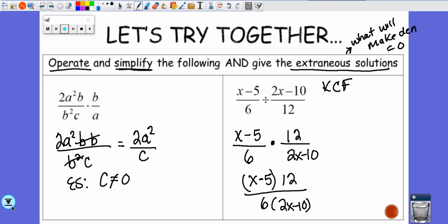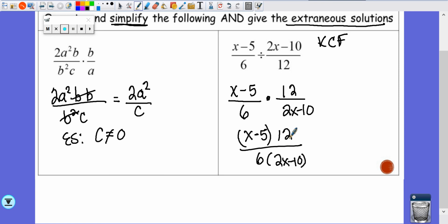Now we're going to go through and simplify. If you look at the bottom, these two numbers, 12 divided by 6 is 2, and then we get x minus 5 over 2 times x minus 10.